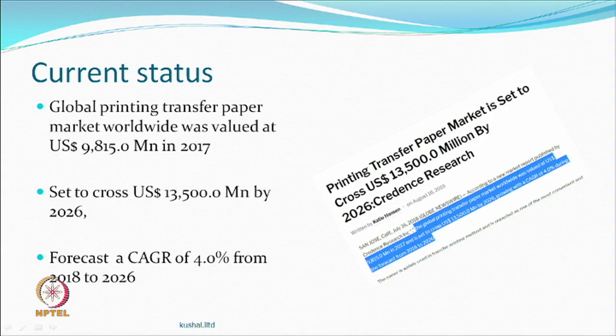In fact, for a good number of years people were thinking that this technology is not going to go too far as far as textile printing is concerned. But currently, a recent study believes that the value close to 2017, which is something like $9,800 million US, is likely to go to 13,500 by 2026, with an annual growth rate of about 4%.